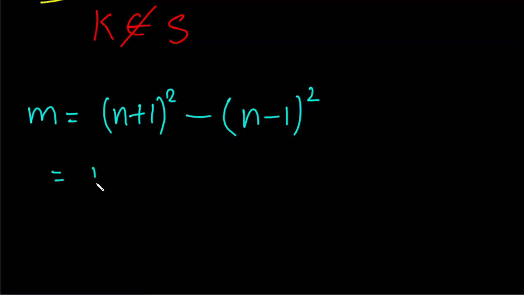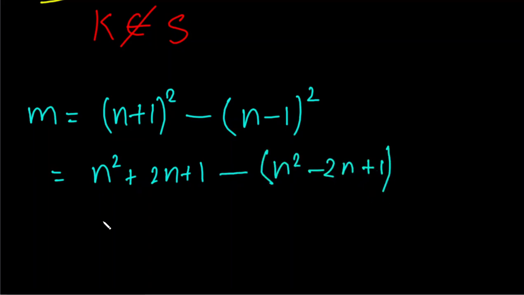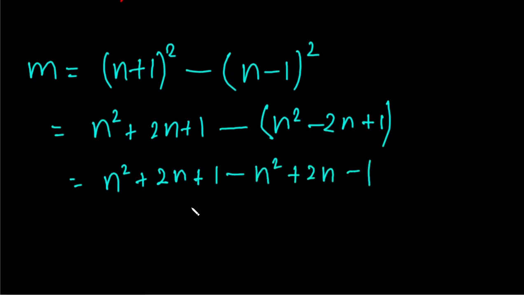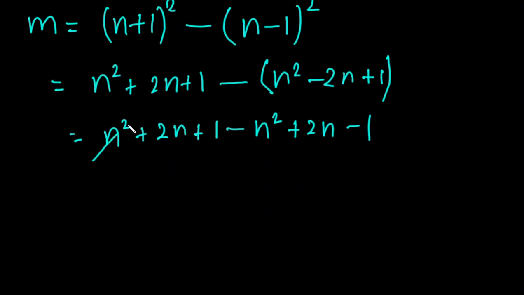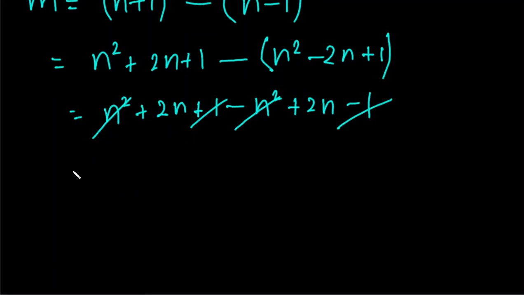So let me just solve this. n squared plus 2n plus 1 minus n squared plus 2n minus 1. So here you can see that the n squareds get cancelled and the 1s also get cancelled. So what we are left with is m is equal to 4 times n.